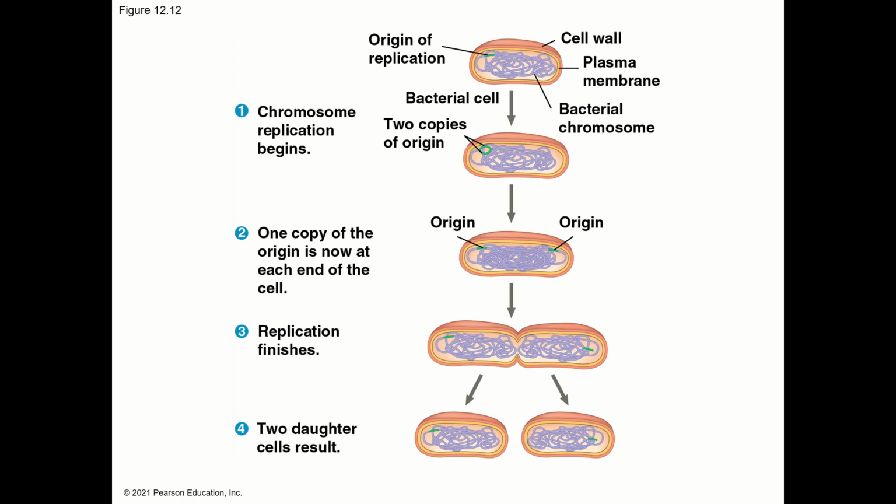And this bacterial cell, with its bacterial chromosome, usually one, the chromosome replication begins and two copies of the origin form. One copy of the origin is now at each end of the cell, and replication finishes, and then two daughter cells result.